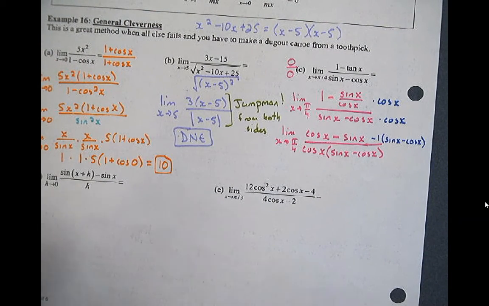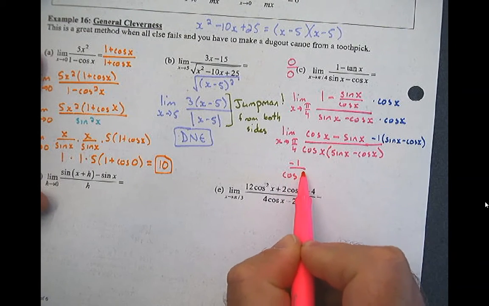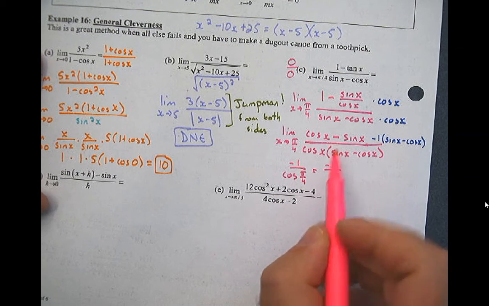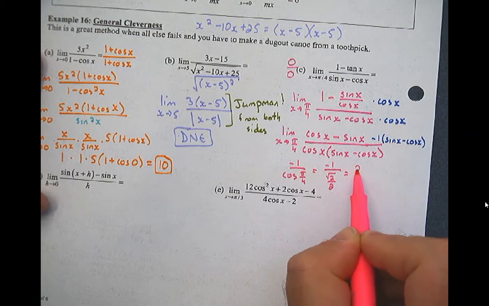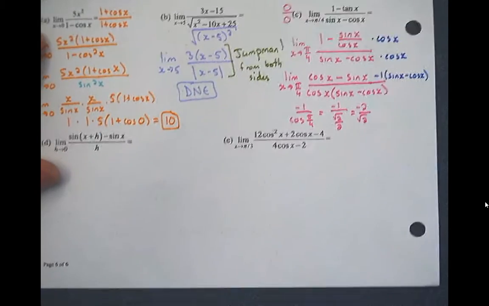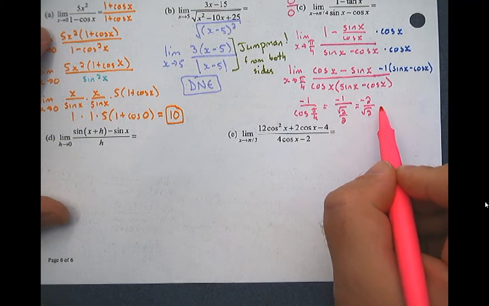So now I'm left with a negative 1 over cosine of pi over 4, which turns out to be negative 1 over root 2 over 2, which turns out to be its reciprocal, which is negative 2 over root 2. Then you need to rationalize it, times by root 2 over root 2.